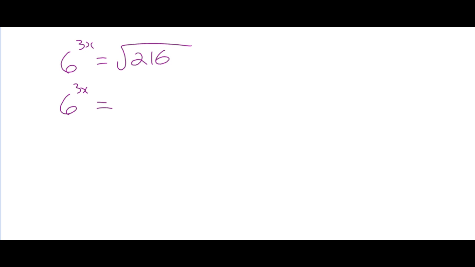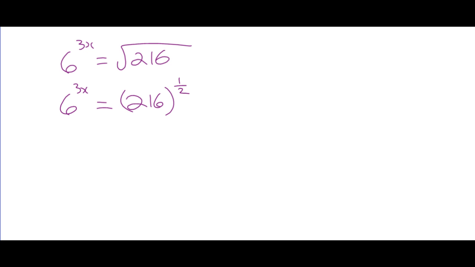What power gives us the square root? Half, right? So we go 216 to the power of 1/2. Now, can we write 216 as a power of 6? It's 6 to the power of 3, right?